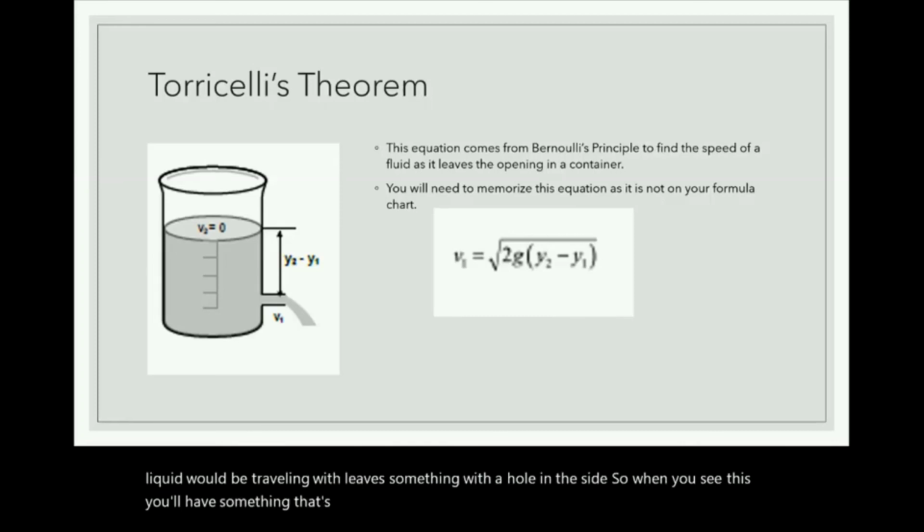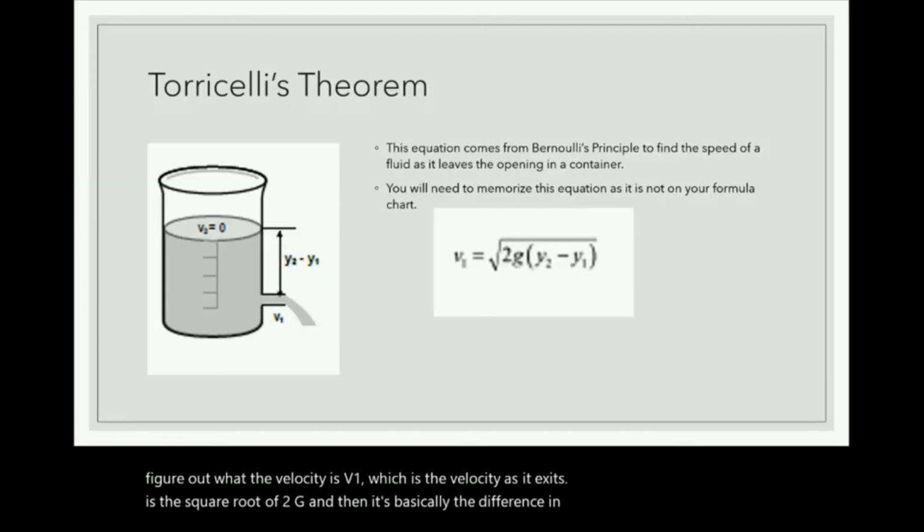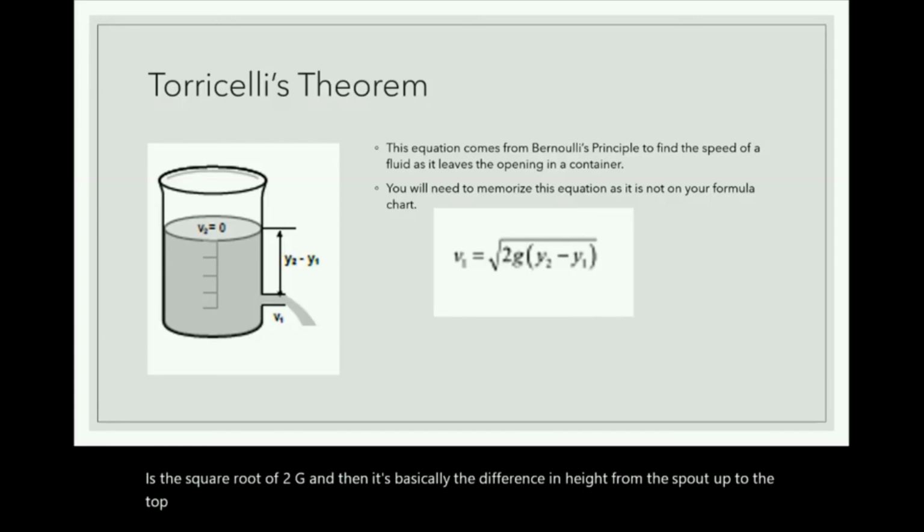It'll have a hole in the side, and you'll be able to figure out what the velocity is. So v1, which is the velocity as it exits, is the square root of 2g times the difference in height from the spout up to the top of the fluid. And then as that fluid empties, the height will get reduced, which means the velocity will get reduced as well.